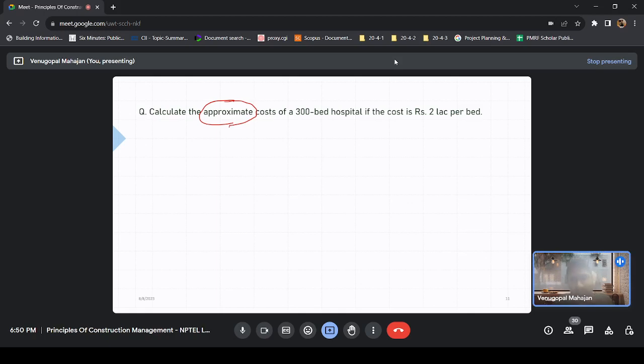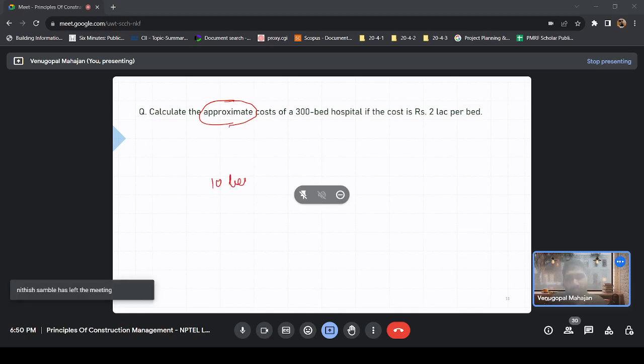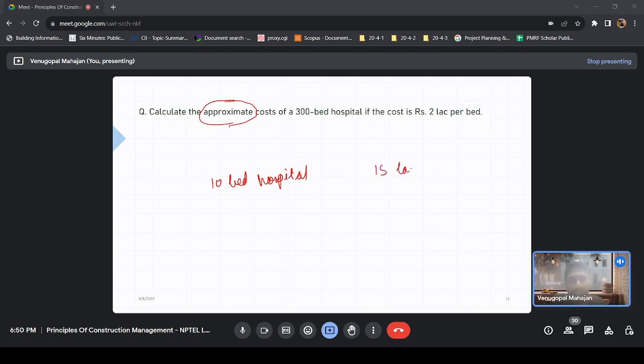Yeah, this is supposed to be approximate cost, so let's discuss the points ma'am raised. Let's say you have a 10 bed hospital. Let its cost be, you can easily have it in a building, so 15 lakh, or even lesser you can work it out with.